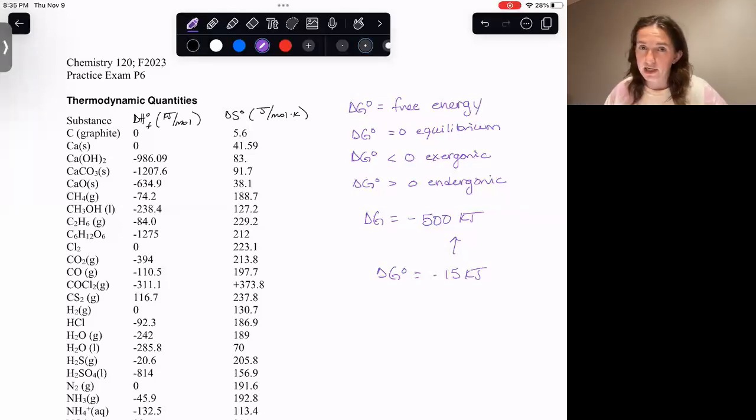Yes, very spontaneous reactions are not very reversible. So if you have something that is like negative 3 trillion, that's going to be really hard to reverse because a lot of free energy is being released, and it's hard to regain all of that free energy to make the forward reaction happen.